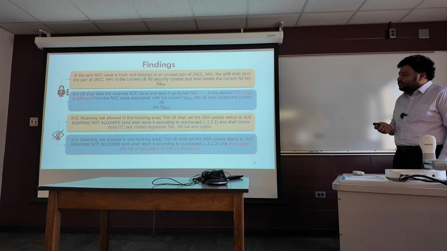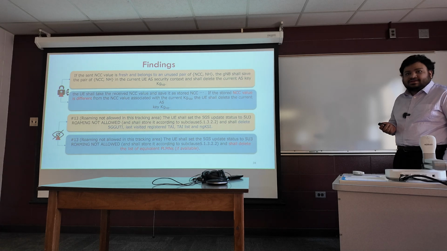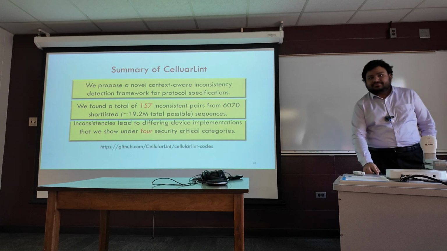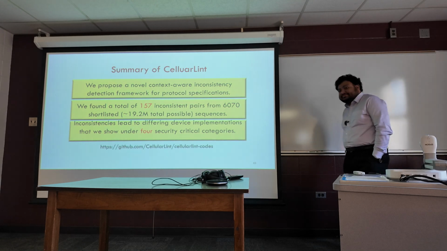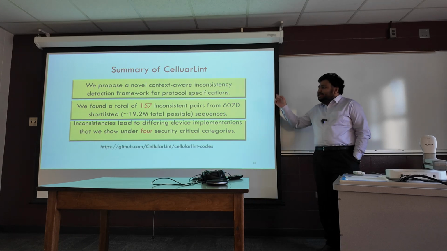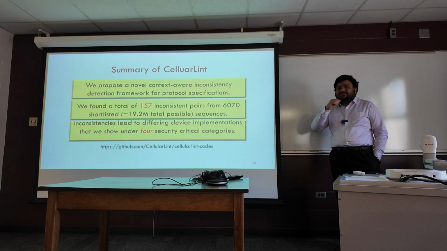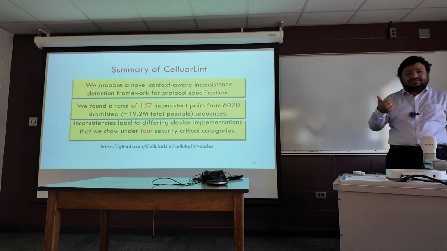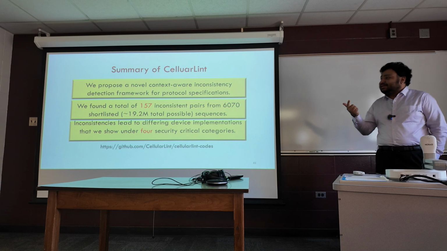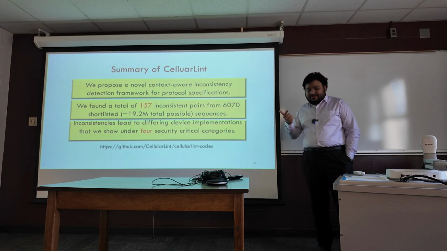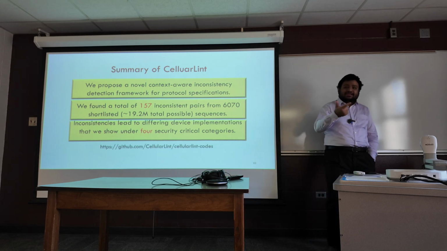Yeah, sure. I think I should start with this one, actually, because it was there already. 43. This one, right? Yeah. So you refer here to four security critical categories. What are the security critical categories? So the four examples that I showed: first one is mishandled state transitions that cause problems. Second is issues related to encryption and authentication.